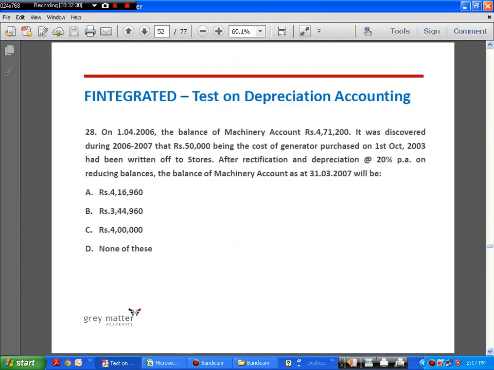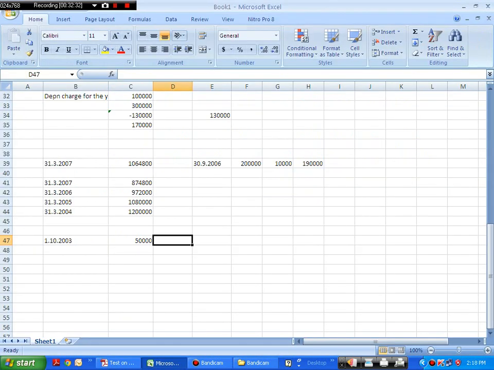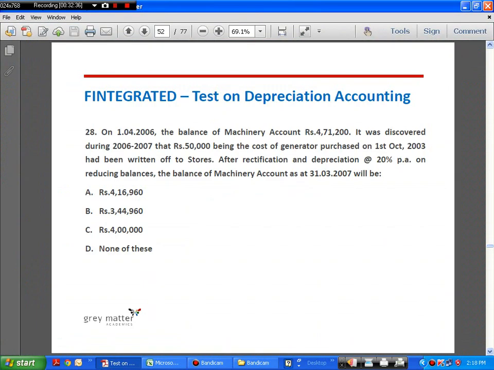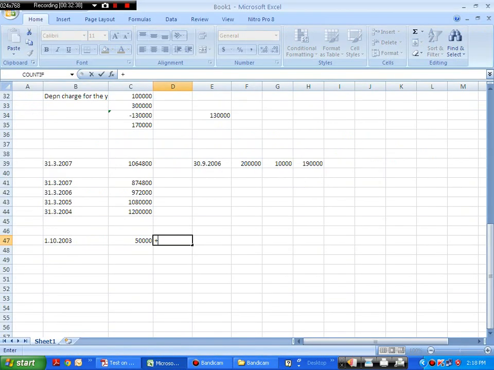Okay, so for the year ending 31st March 2004, it will be depreciated only for 6 months. So depreciation will be into 20% divided by 2, which means the written down value is 45,000.